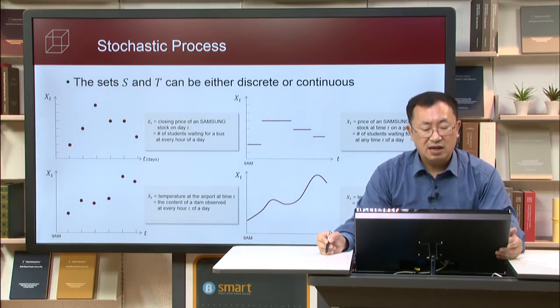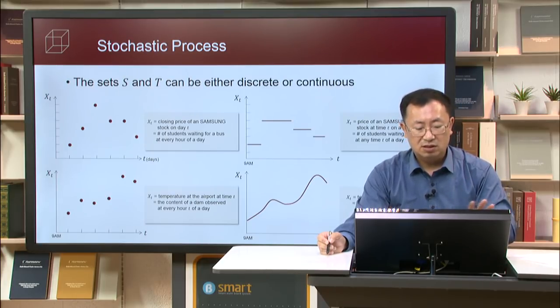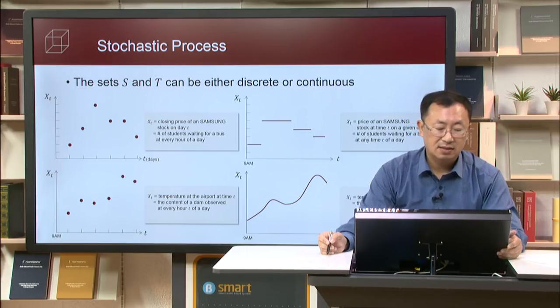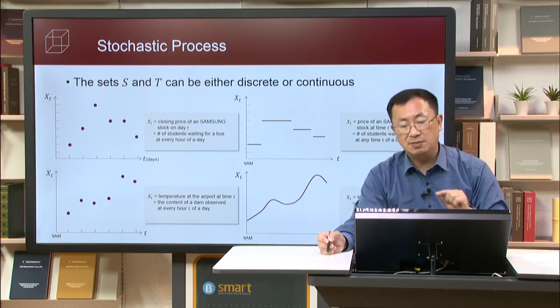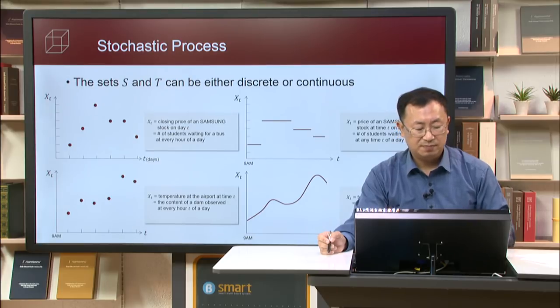And in this slide, I'd like to talk about several examples of the stochastic process. The set S, which is the state space, and the set T, which is the time space, can be either discrete or continuous.